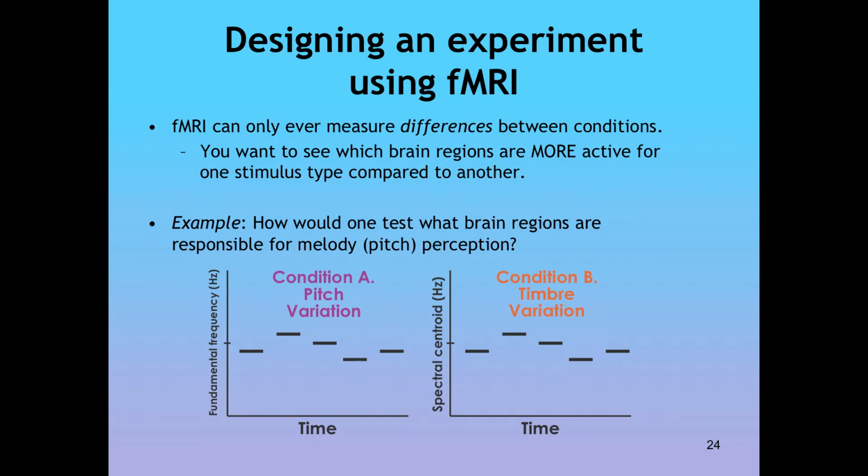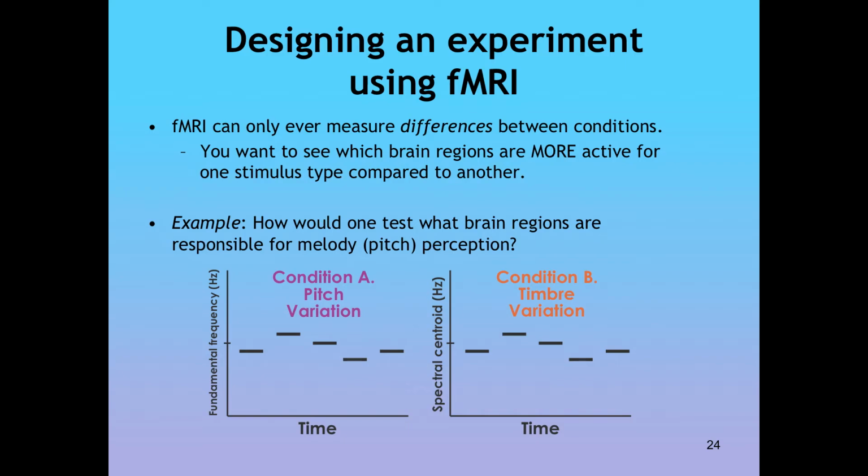fMRI can only measure differences between conditions. So the idea is to see which brain regions are more active for one stimulus compared to another. Let's say I want to see which brain regions are active in melody perception. In order to do that, I need something else to compare to.